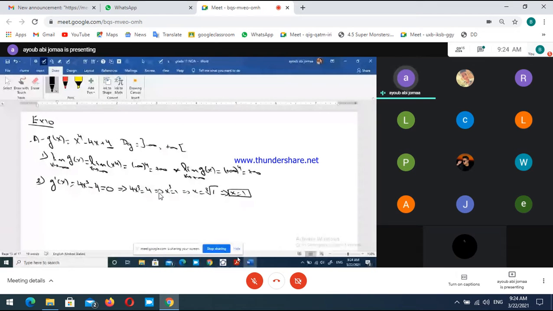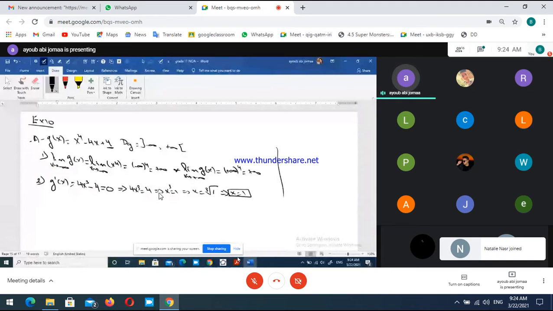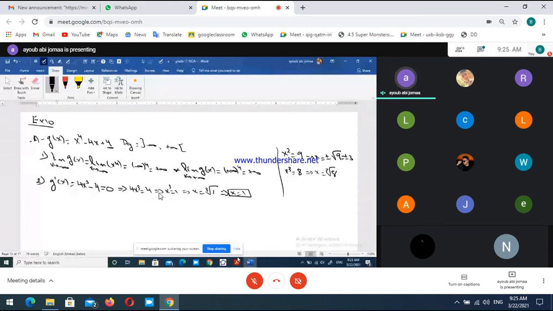And here please one remark, so that no one is lost. When you solve the equation, for example x squared is equal to 9 and x cubed is equal to 8, here you write x is equal to positive negative radical 9, which is positive negative 3. We have two roots. In the cubic one you get x is equal to the cubic root of 8, not positive negative, which is equal to 2.